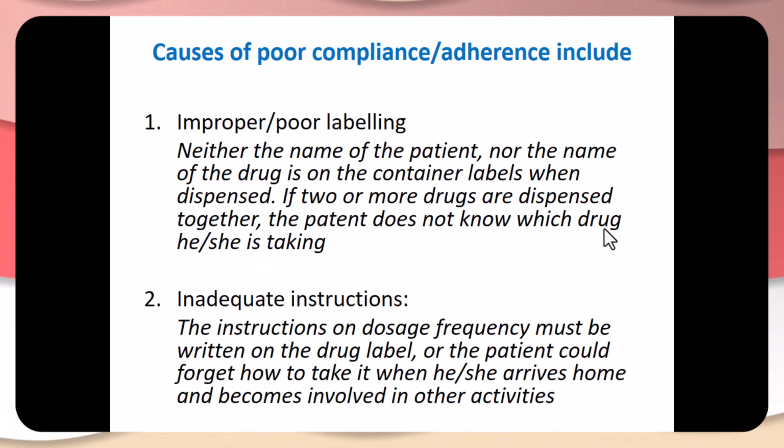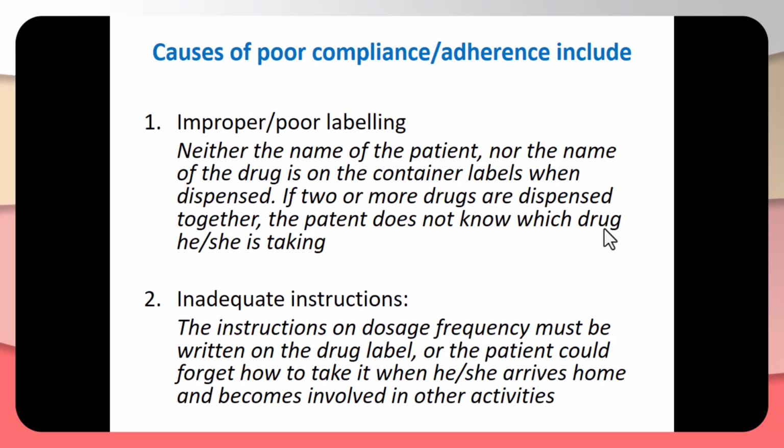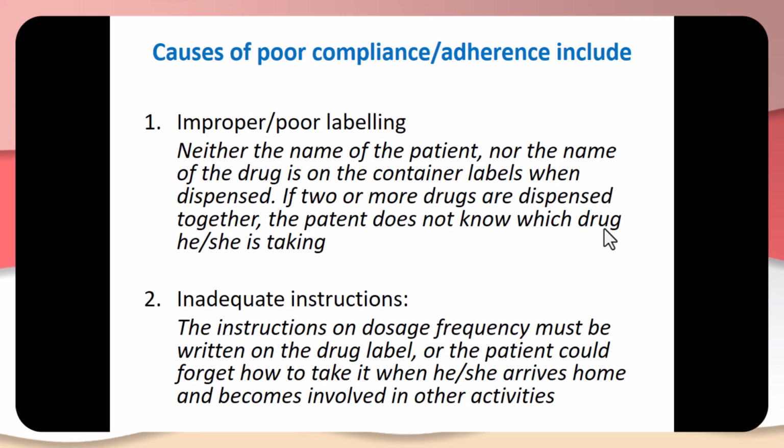What are some of the causes of poor compliance and adherence? So we find that there is improper labeling. This can be caused by us, the healthcare providers, or the patients.